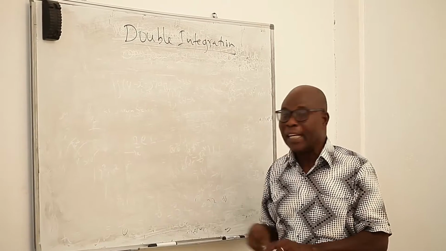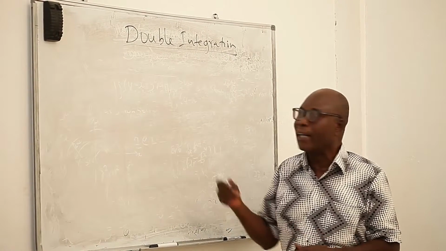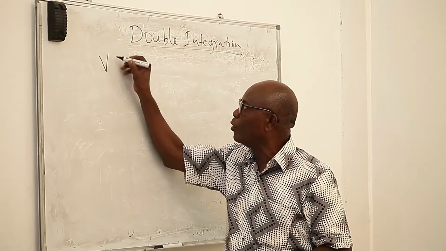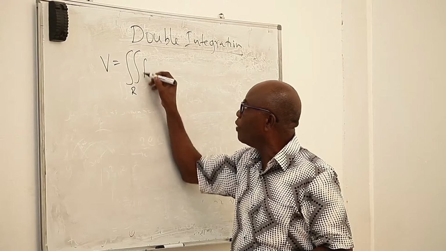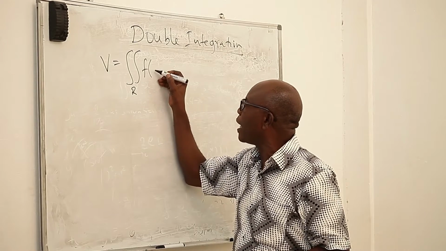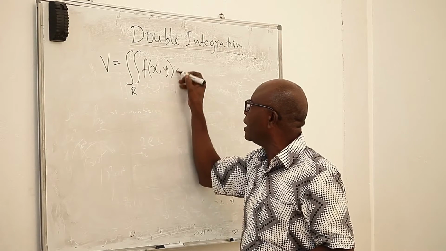The definition of the double integral, which we said measures the volume, is the double integral over a region R of the surface f of x and y dA.